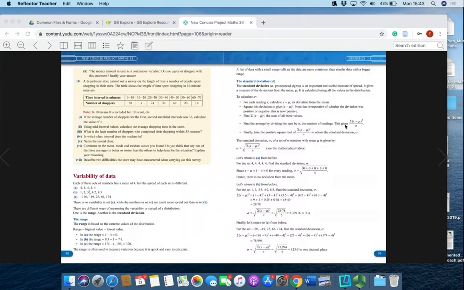Standard deviation is given by sigma, which is the square root of the sum of all the values minus the mean, that's mu, squared, over the number of values. Okay, that formula is in your log tables, and it is on page 34.